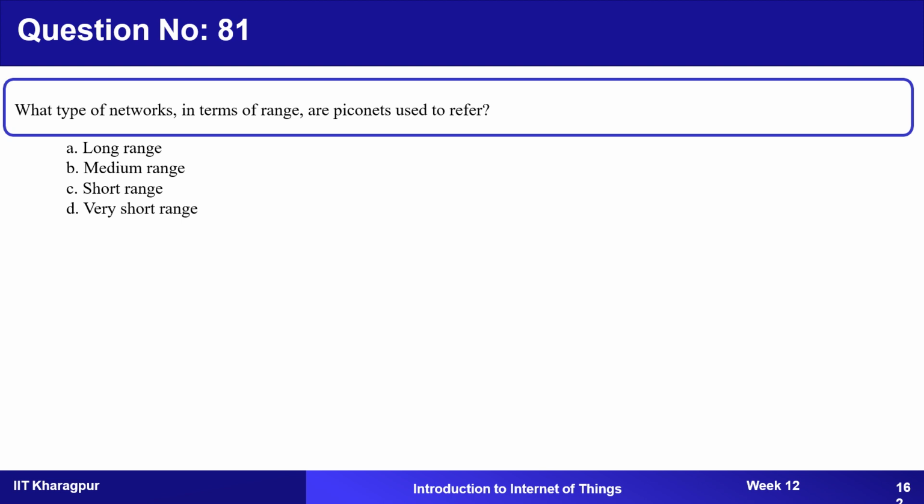Next question is, what type of networks in terms of range are Piconet used to refer? Options are long range, medium range, short range, very short range.